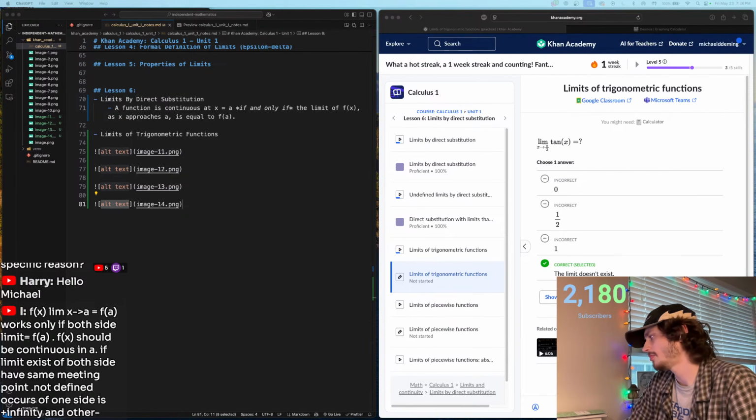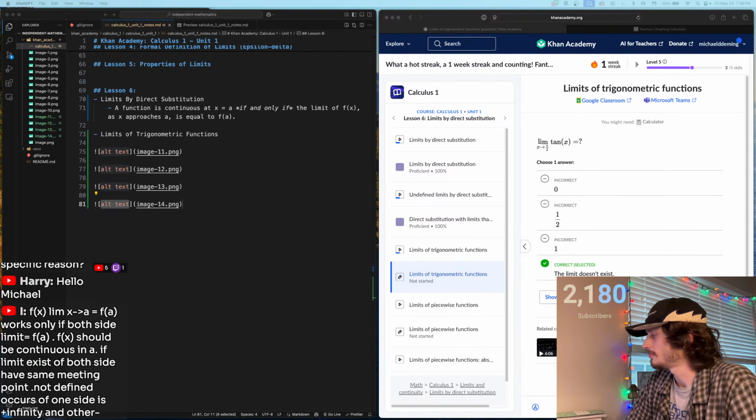Is there a better way of solving the problems and knowing that the limits do or do not exist, rather than having to plug them into a calculator? Or is that just how it is?